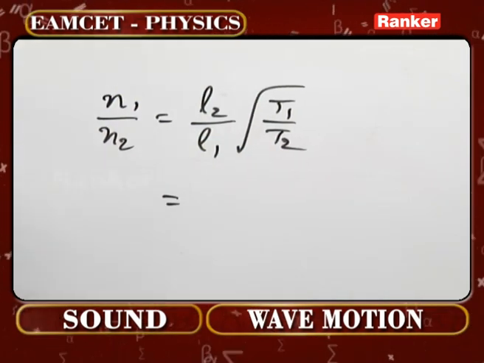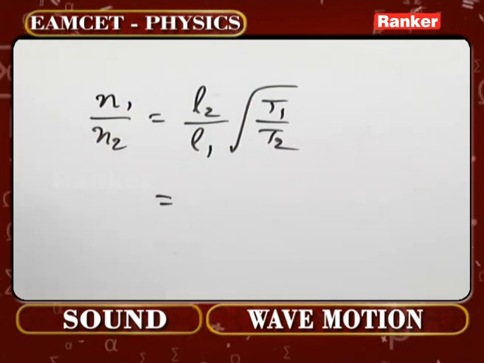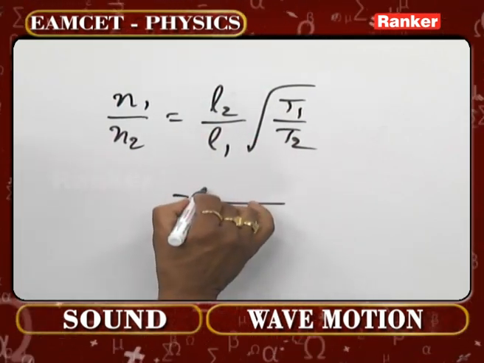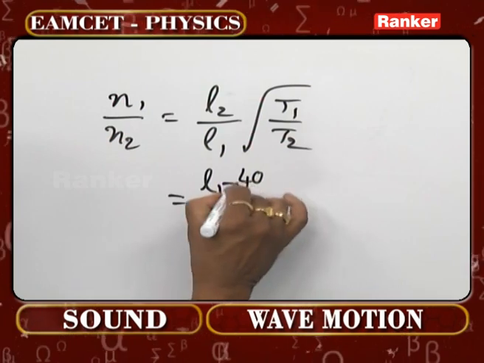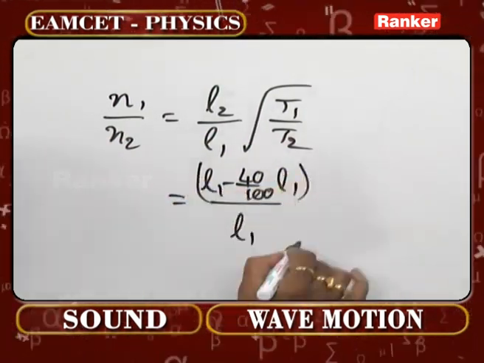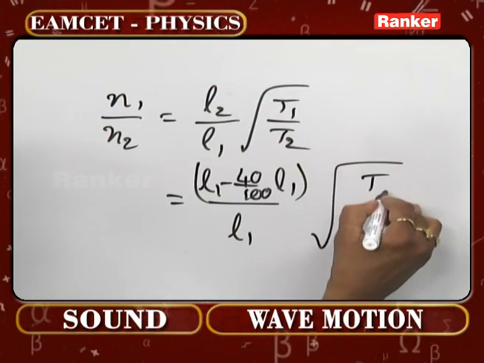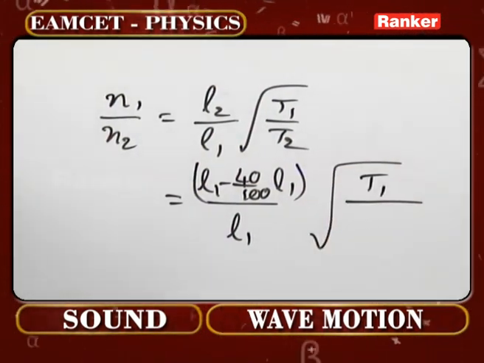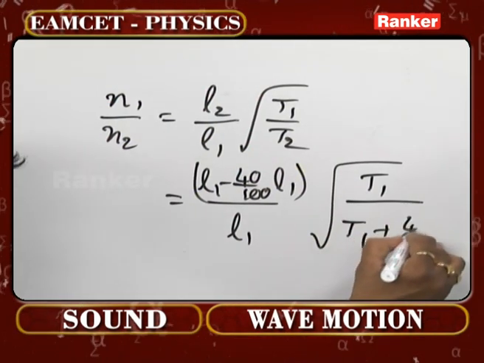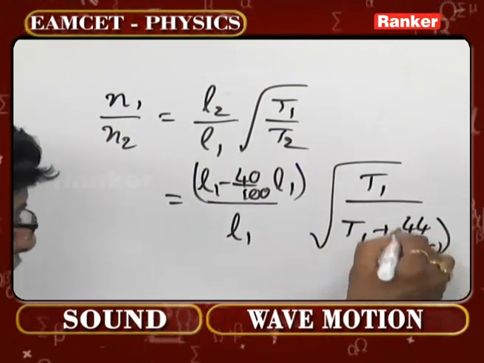Length is shortened by 40%. That is the point. So if I write L1 as it is, L2 should be written as L1 minus 40% of L1. Right? This is the value under root. If I take the initial tension as T1, it is increased by 44%, so T1 plus 44% of T1.